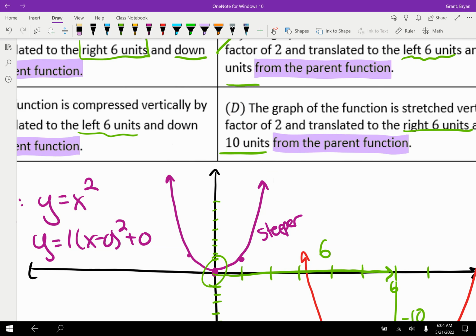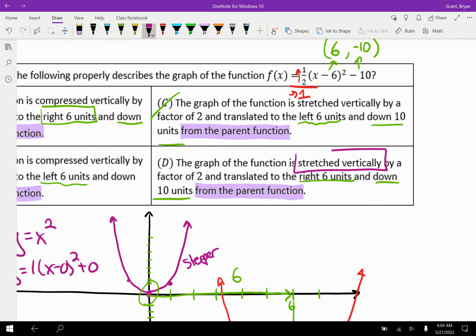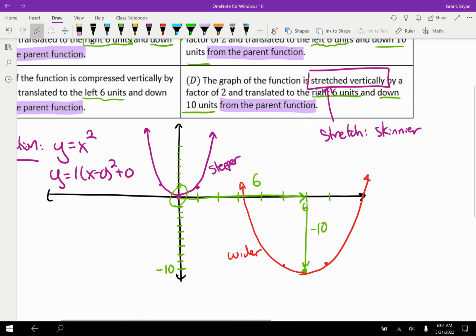So a vertical stretch is when your graph gets skinnier. The question becomes, if I started with the purple one and ended up with the red one, is the red one skinnier than the purple one? Even based on my graph here, clearly it is not. So my purple graph did not get stretched vertically.